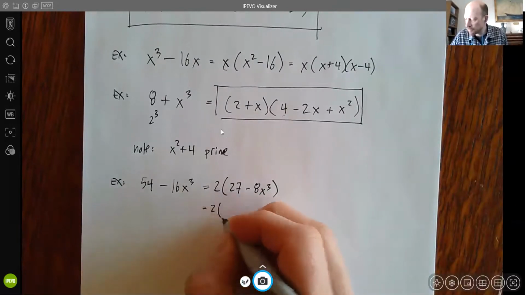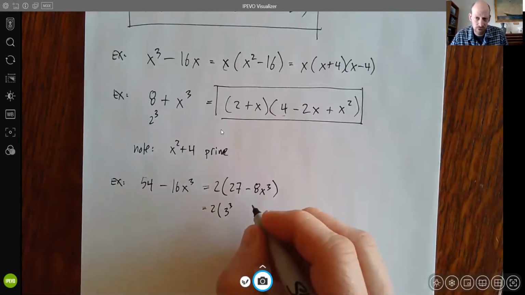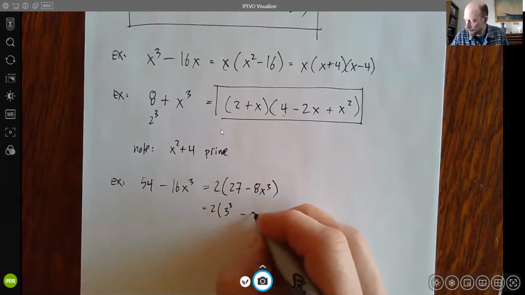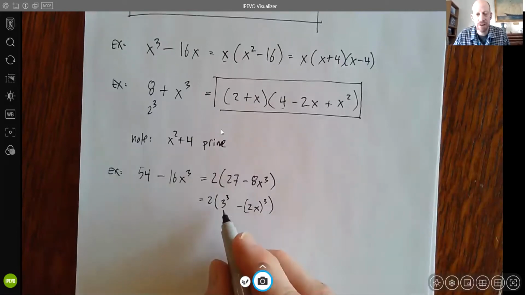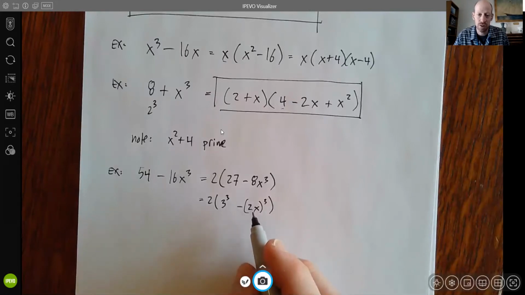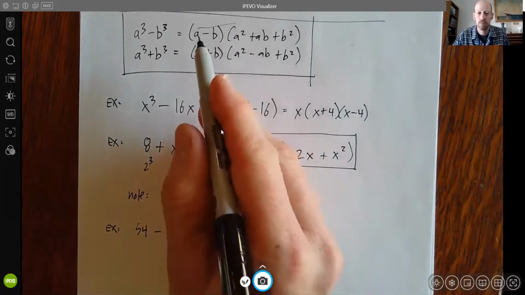You don't have to do this step because you could just know it, but it's not a bad idea to just write down that the A is really 3 and the B is really 2x in this case, right? So now that fits this form.